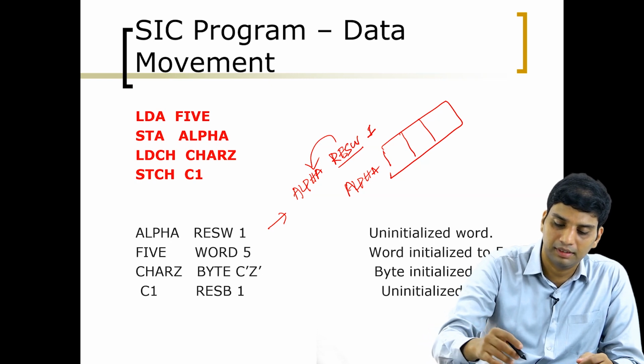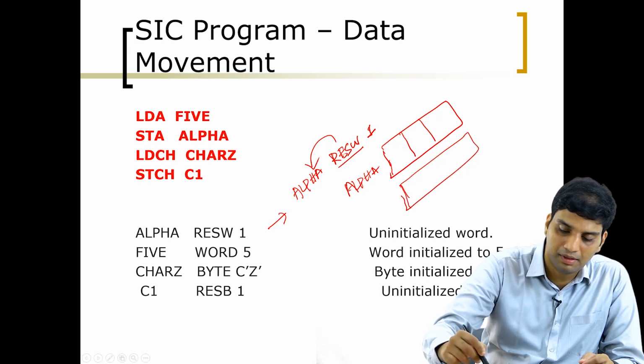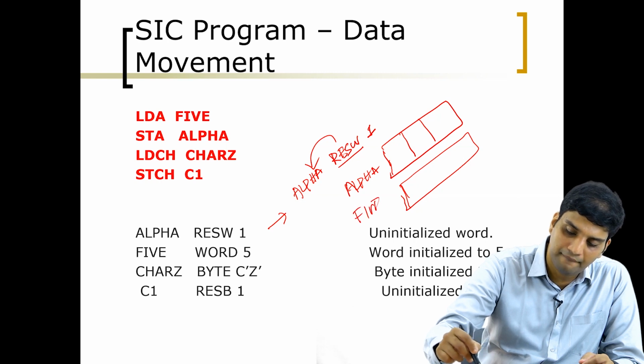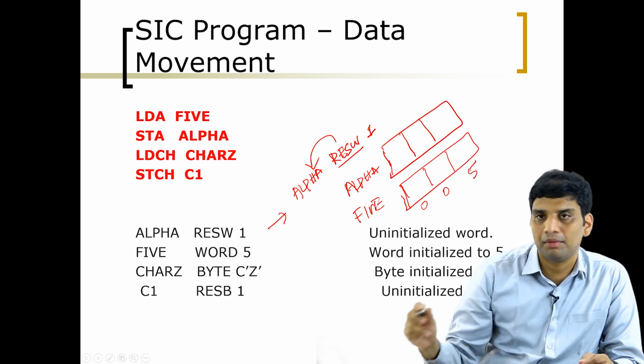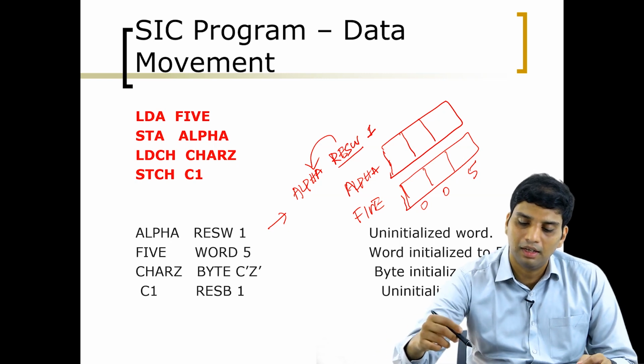Next, what we have done is 5 word 5. The name is 5, and inside that I am going to store 5, that is 0, 0, 5. That means 5 will be represented in 8 bits. Just understand this.